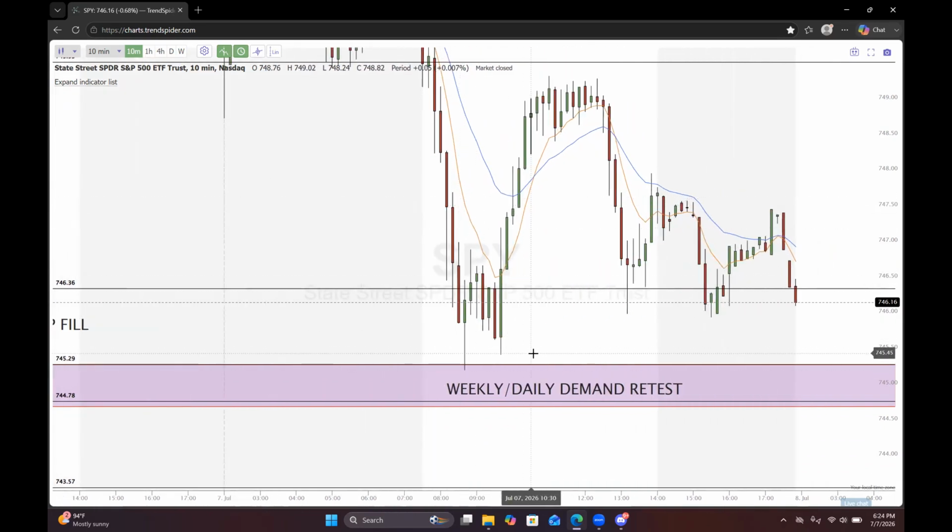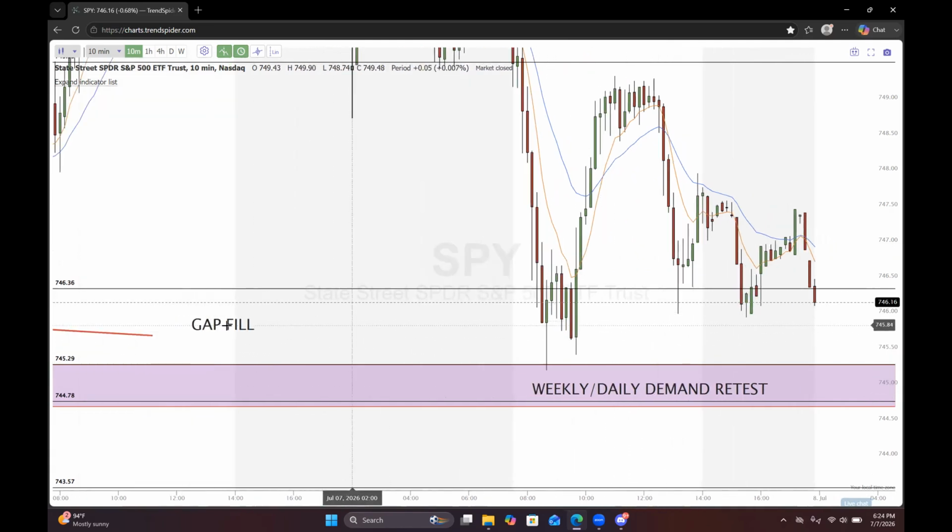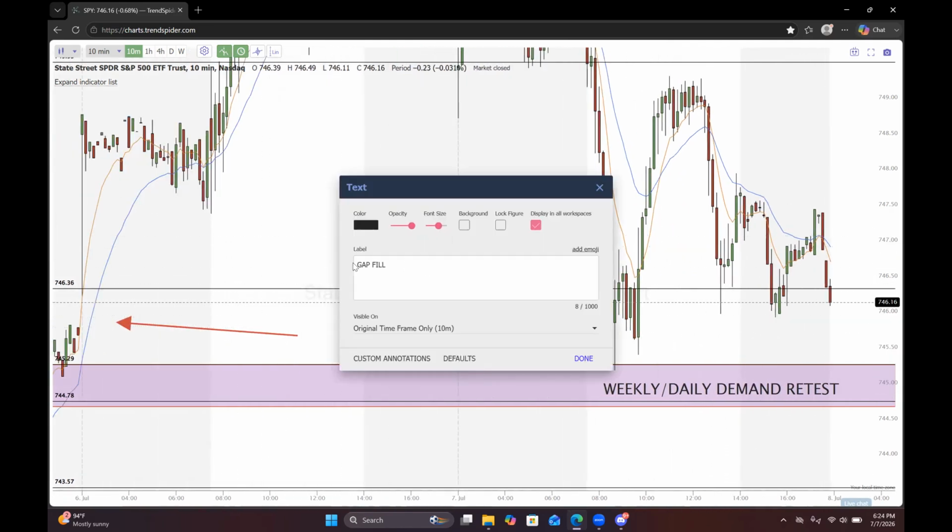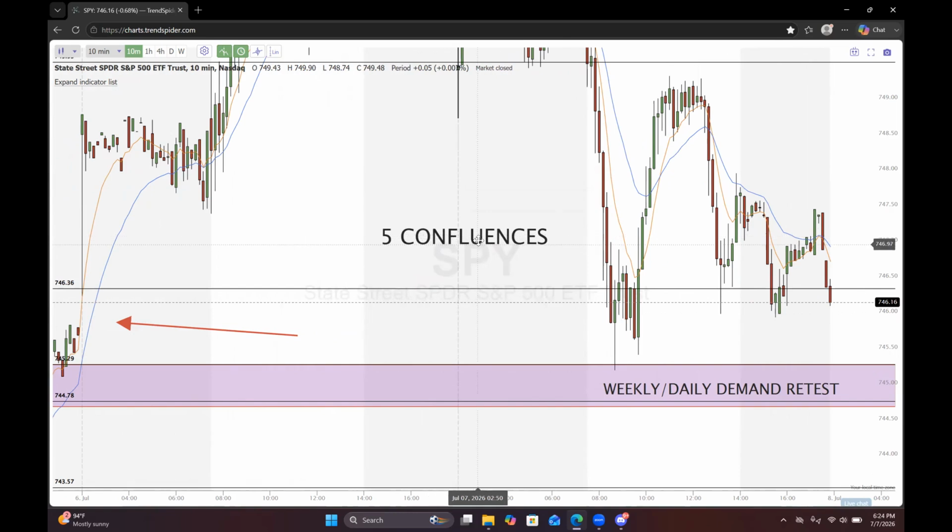That is 5 things, right? We have 5 different confluences that said the highest probability is we bounce. That to me gives me enough ammo to say I am going to risk my money to get long. We'll go over that one more time.